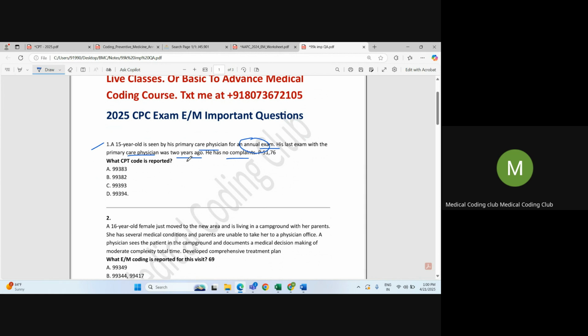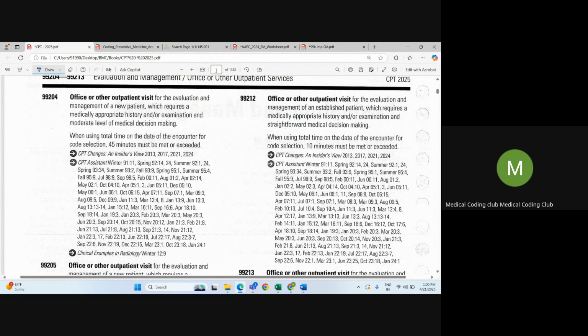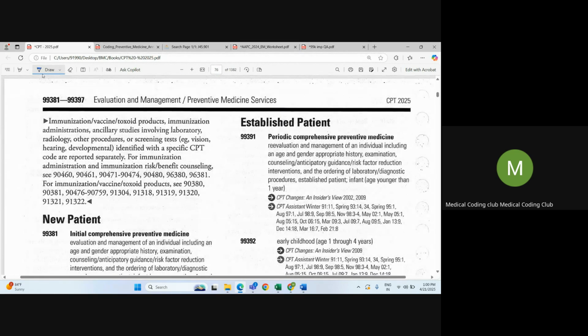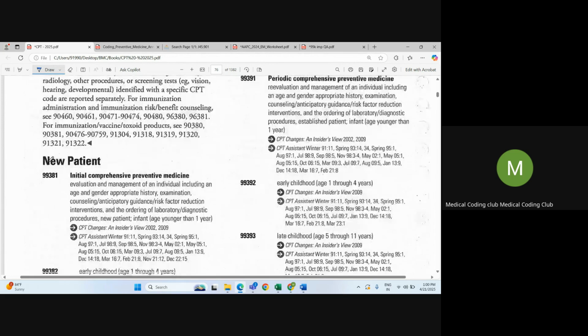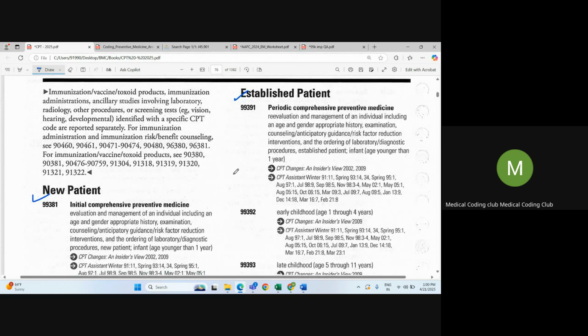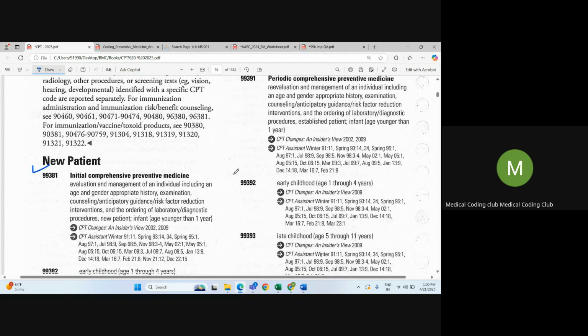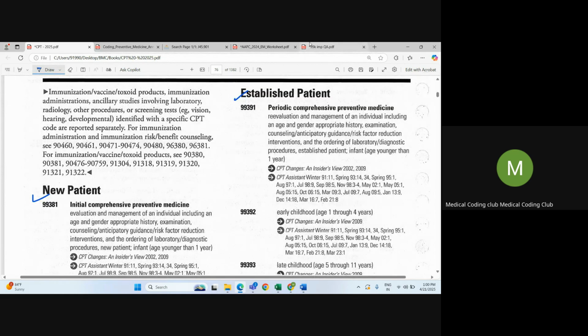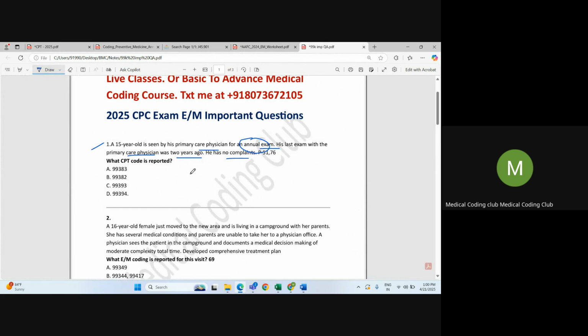The preventive medicine codes include both categories. You need to first identify whether the patient is a new patient or an established patient, and you should also check the patient age criteria. In our question, they did not mention whether the patient is new or established, but they are giving a key: his last exam with the primary care physician was 2 years ago.